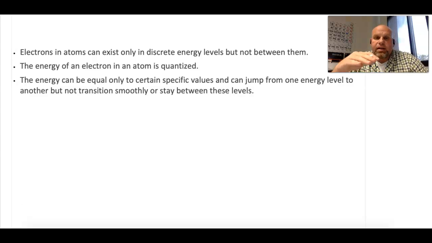As we saw, it's going to exist in an energy level at a certain value, or absorb just the right amount of energy to jump to an excited state at a specific energy, and then give off that amount of energy to drop back down to another specific energy level.